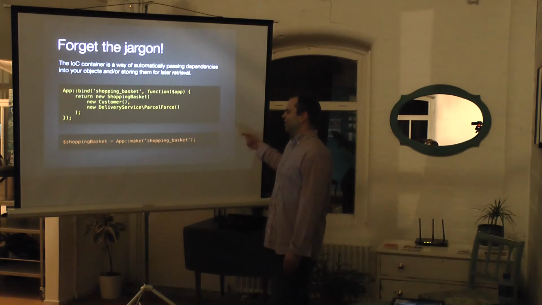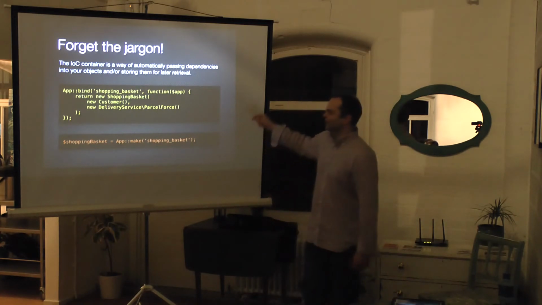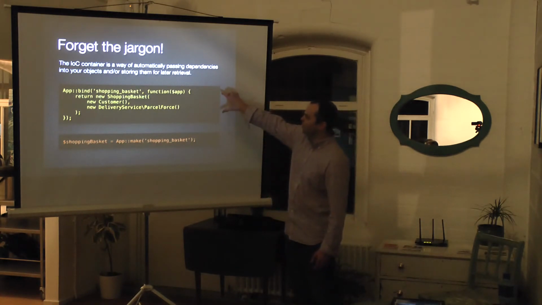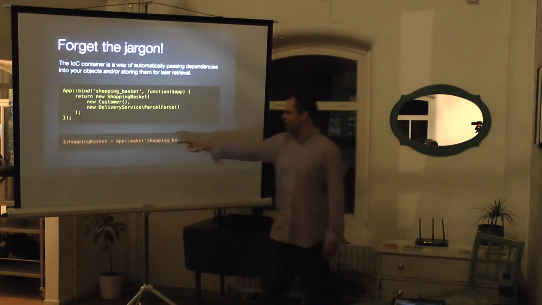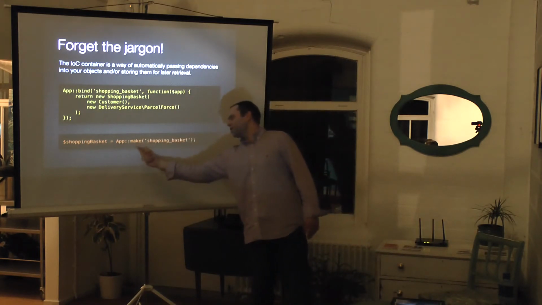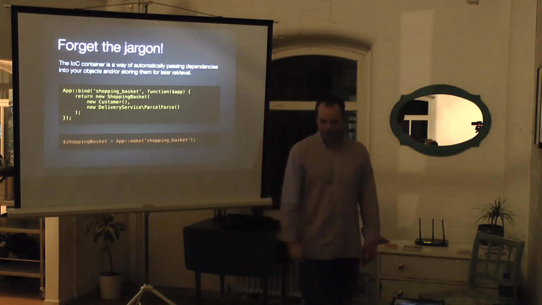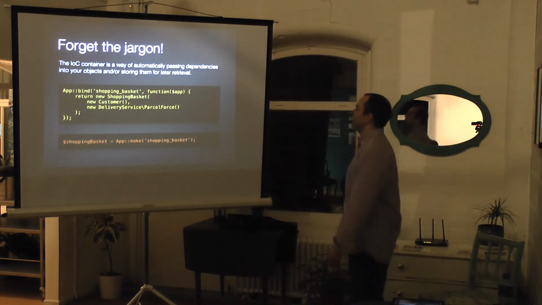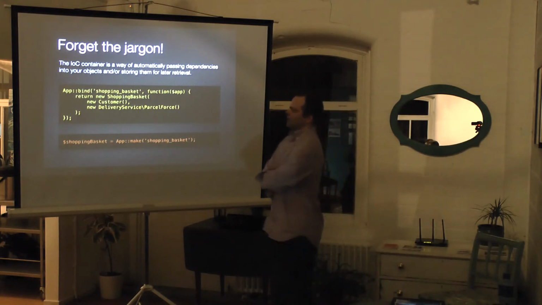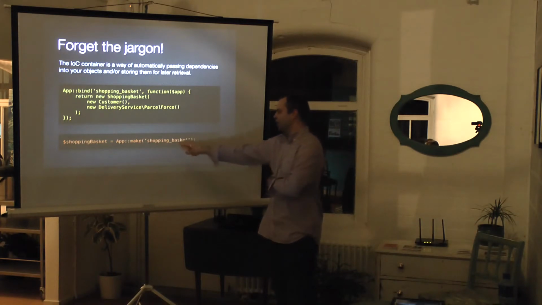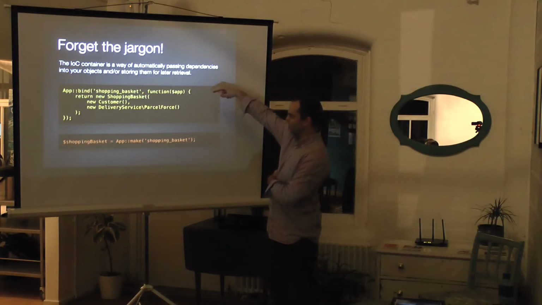The IOC container gets around this by defining a little function here which tells the application how to define an object for you. So in this case, if we jump down to this part, we're saying shopping basket equals app make shopping_basket. What that means is Laravel will go and hunt through its IOC container to see if it finds something called shopping_basket. And how it's defined is this bit right here. So app bind shopping_basket is this function.